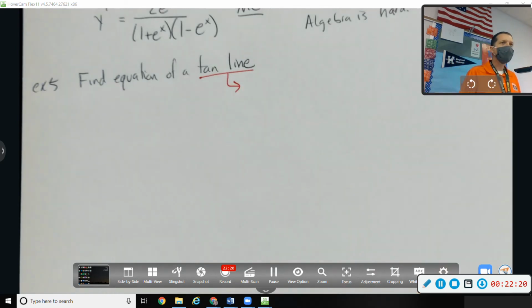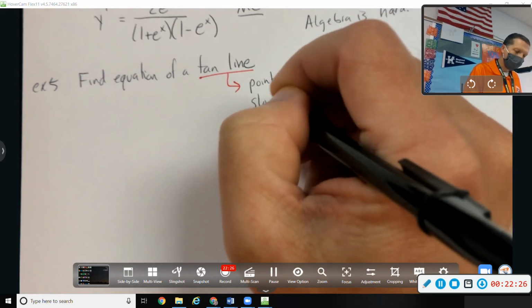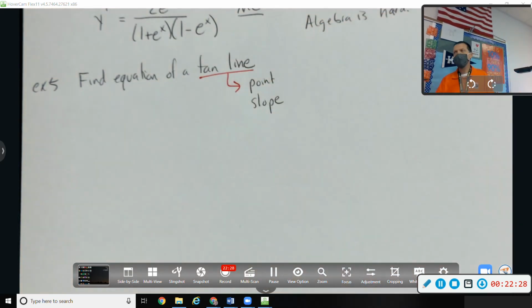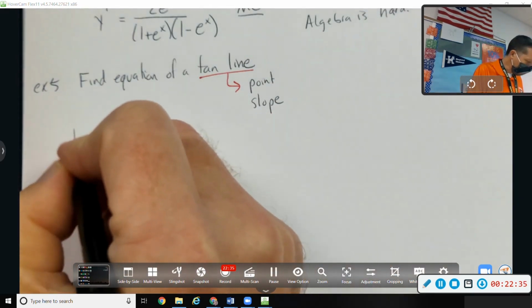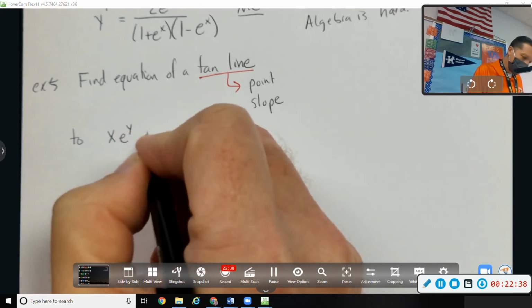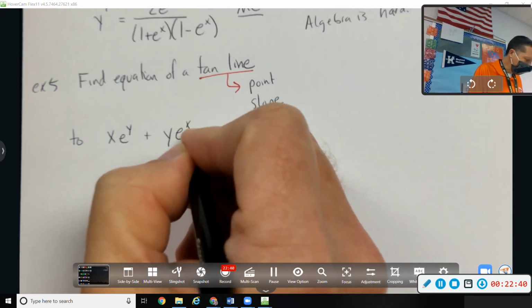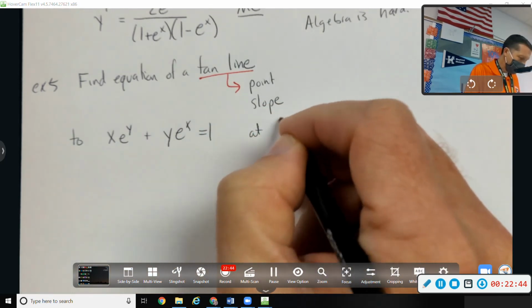What two things will I need? A point and a slope. A point and a slope. So I haven't even finished this problem, and my brain is already thinking, okay, I'm probably going to need a point and a slope. So find an equation of a tangent line to x e to the y plus y e to the x equals 1 at 0, 1.